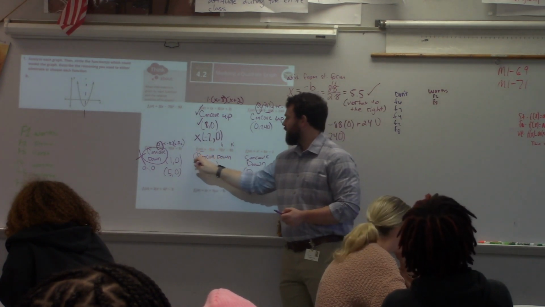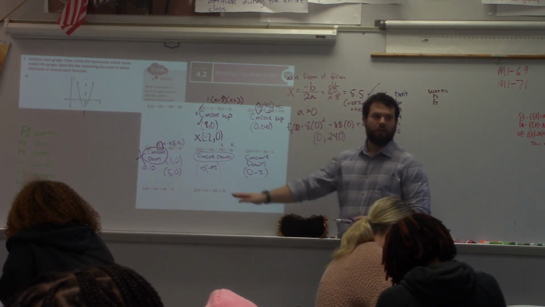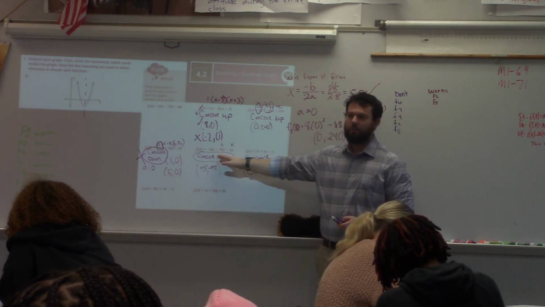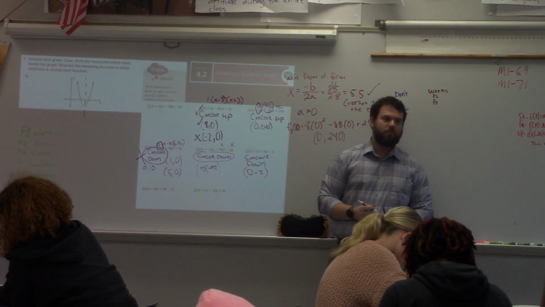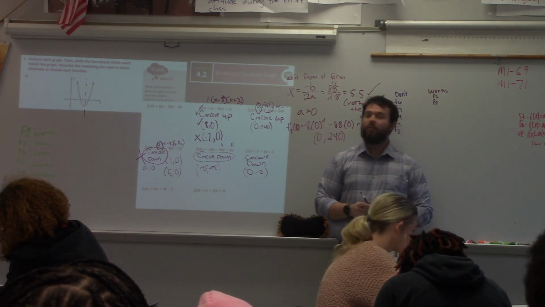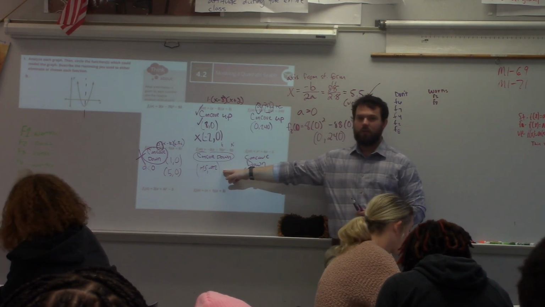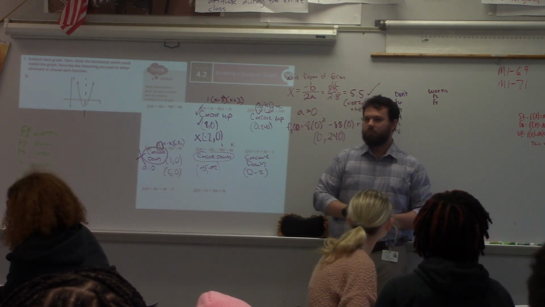It's concave down. We all good with that? That the parabola would be concave down because A is negative 2? Notice, does the vertex work? Just because the vertex works does not mean the whole function works, though.